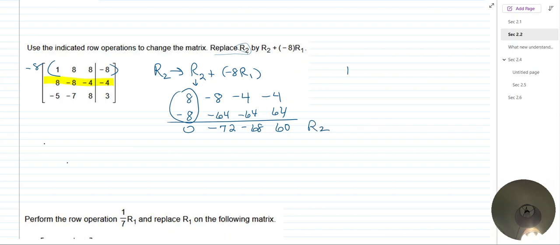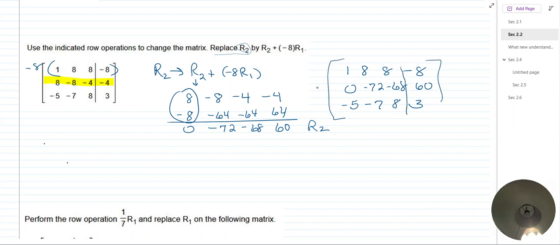So I have my original. Now I have a 0, negative 72, negative 68, and 60. And the third one we haven't done anything to yet. So this is the new row 2.